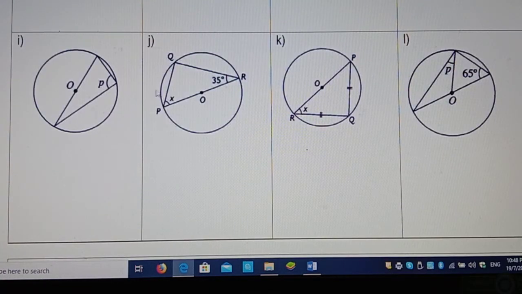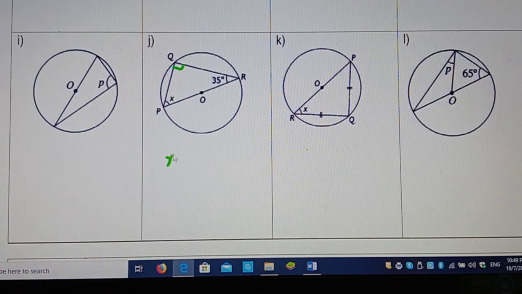This one is for the triangle in the semicircle. So what is x? Let's look at J. The angle at the circumference is 90 degrees. So x equals 180 minus 90 minus 35.